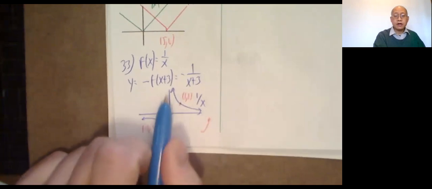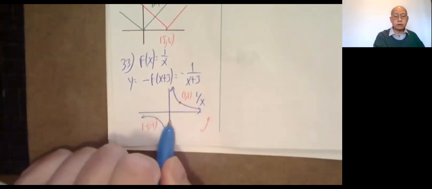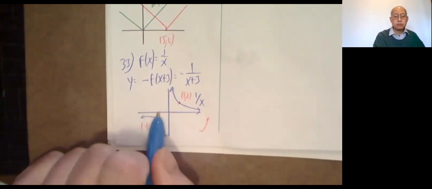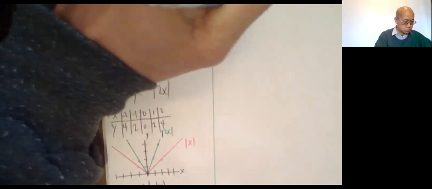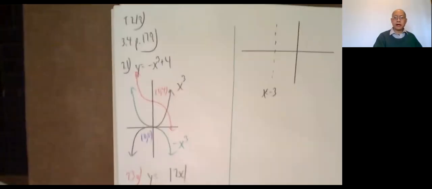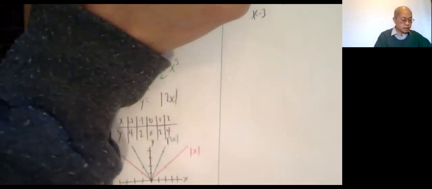Okay, so 3 to the left. The asymptote used to be the y-axis, which is x equals 0. Move it 3 to the left, it's x equals negative 3. By the way, you can tell x is not allowed to be negative 3, right? So there's a new asymptote. And the rest just goes like so.